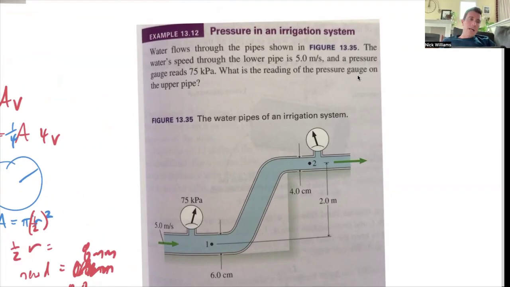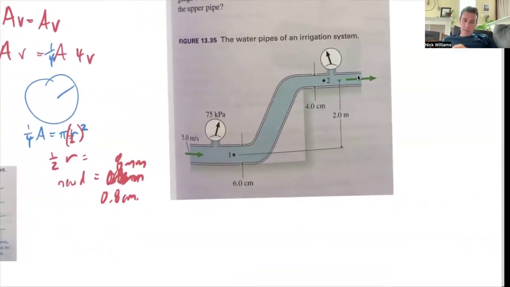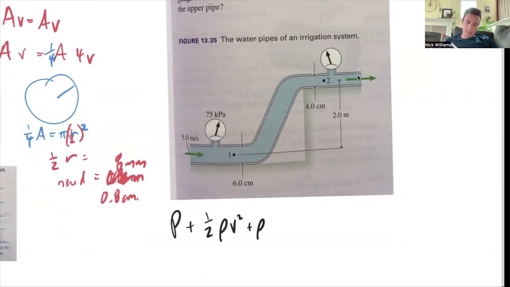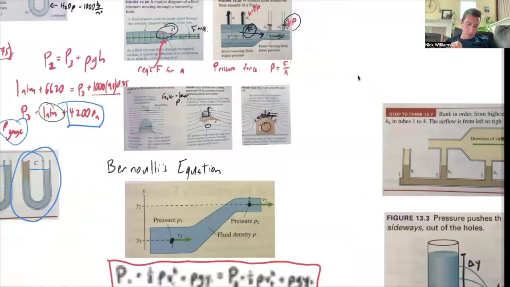Okay. So I have to figure out my setup here. For my setup, this looks like I've got my two systems. So I'm going to do pressure plus 1/2 density velocity squared plus density times, I got to check my equation. I haven't memorized this one yet.